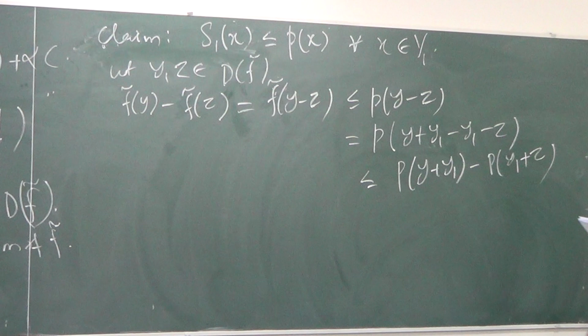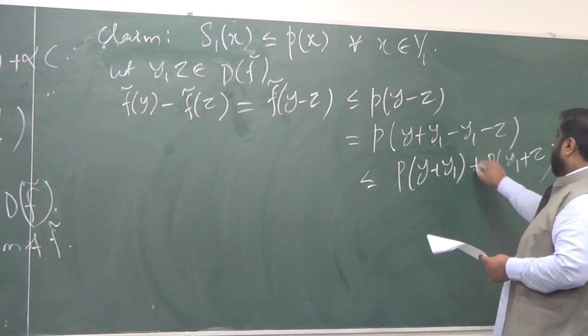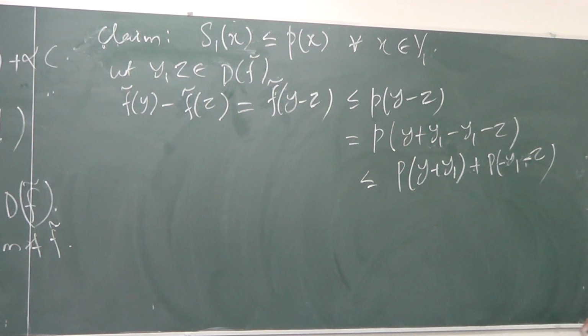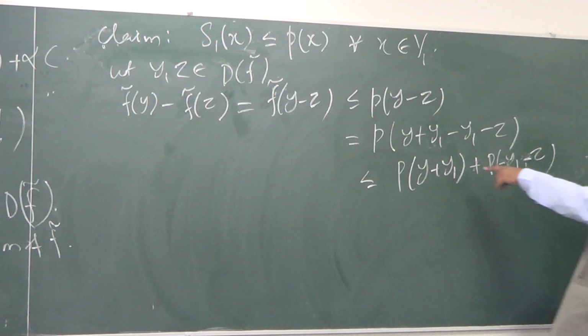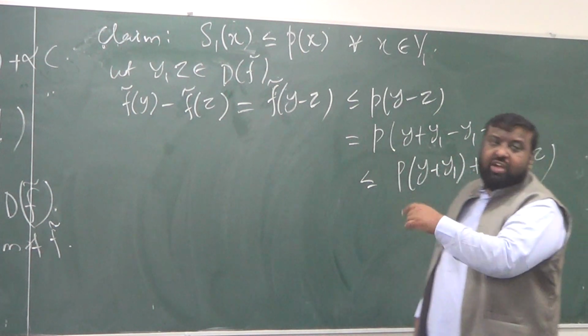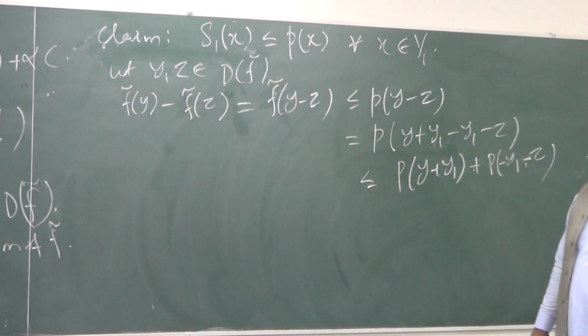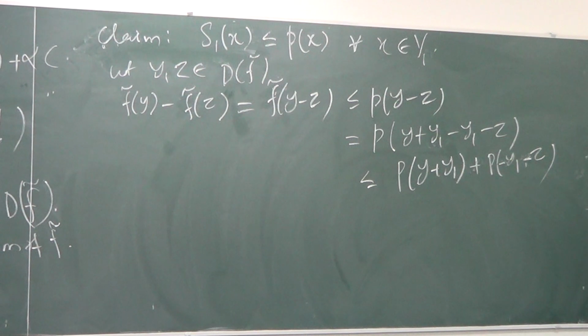So this is true in general. Maybe plus and minus inside. Agree? And this y1 is what? This y1 is the same y1 which is missing. Okay? So don't forget that. You have this.